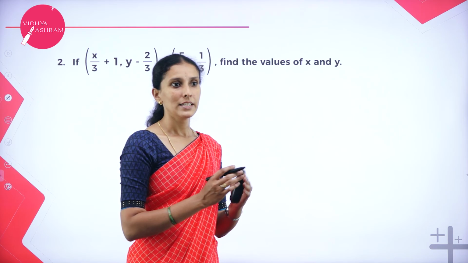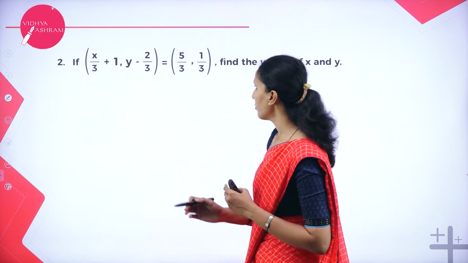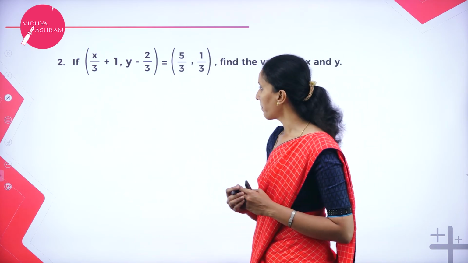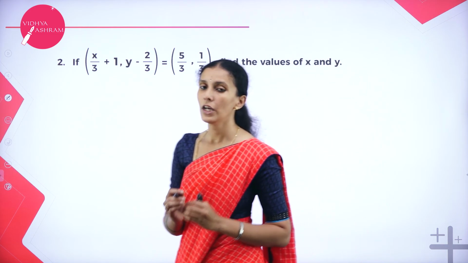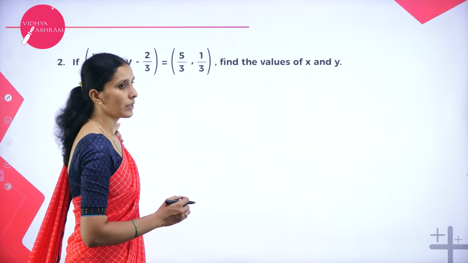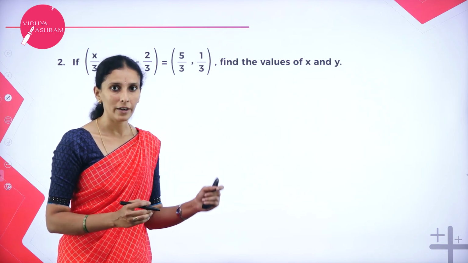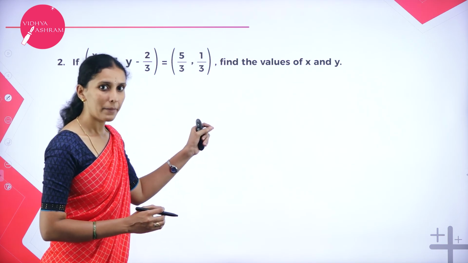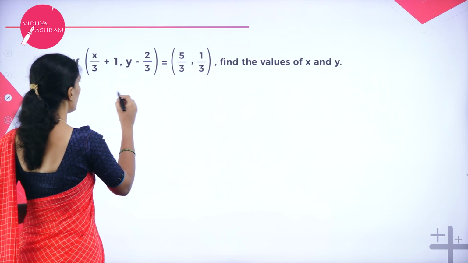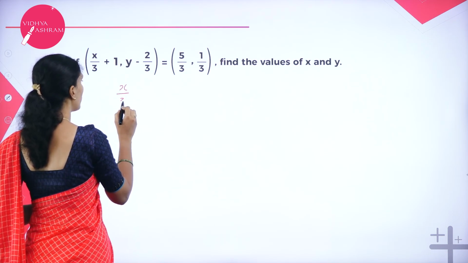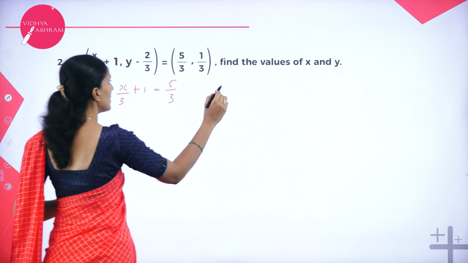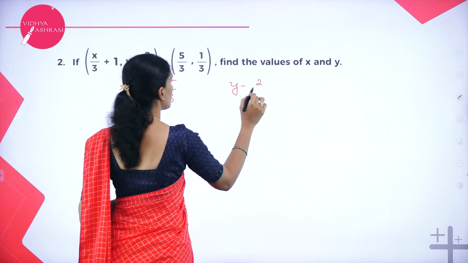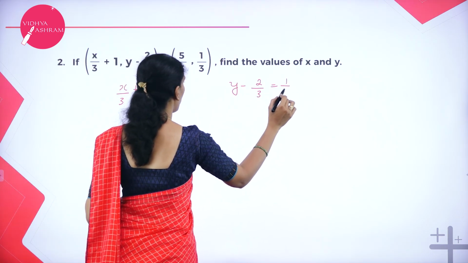Next, we have the same kind of question with different values. We have (x by 3 plus 1, y minus 2 by 3) is equal to (5 by 3, 1 by 3). So again, using the concept of equality of ordered pairs, let me equate the first elements and the second elements. X by 3 plus 1 is equal to 5 by 3. Similarly, y minus 2 by 3 is equal to 1 by 3.